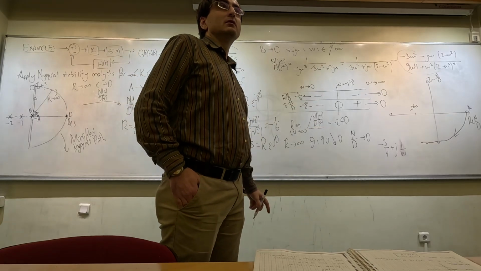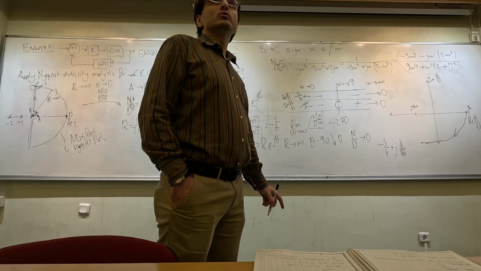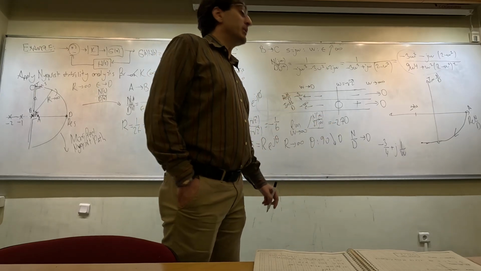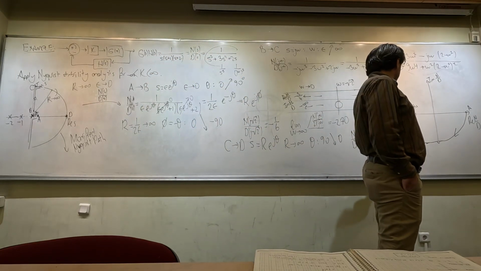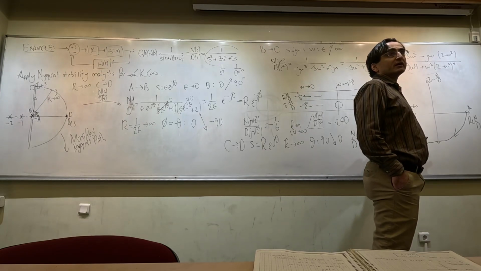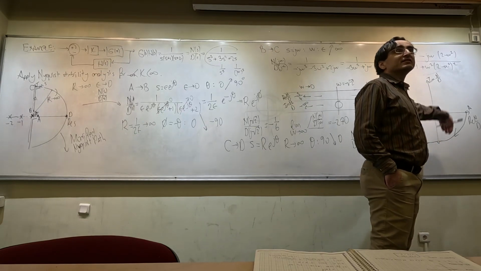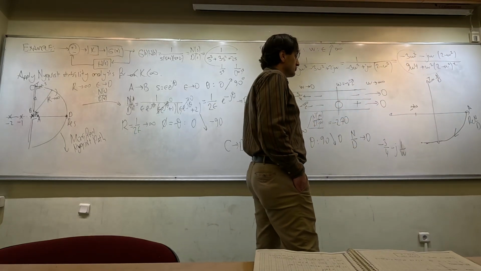Minus 3 over 4 is the real part, and the imaginary part, let me say, is going to be negative infinity. In that case, the angle is still minus 90 degrees. So there is really no contradiction here.